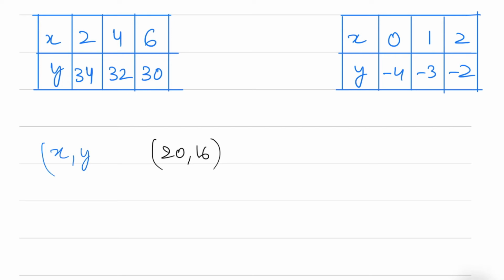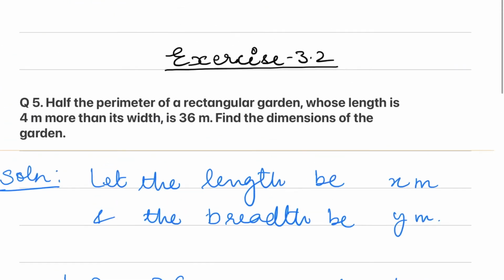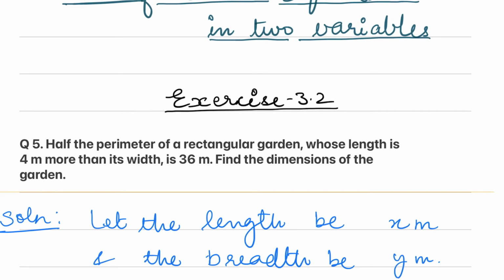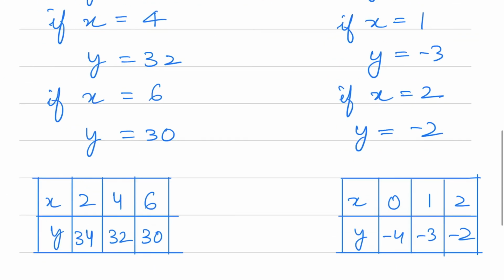So x and y is equal to 20 and 16. Therefore we can say that x is equal to 20 and y is equal to 16. They had asked us the dimensions of the garden, and we took length as x and breadth as y.